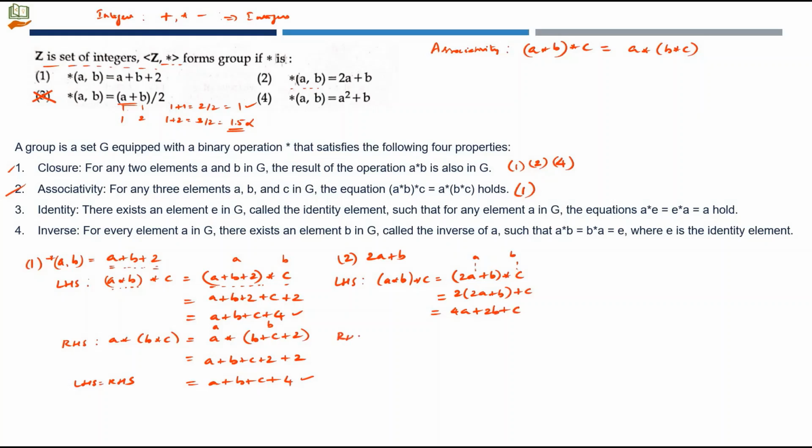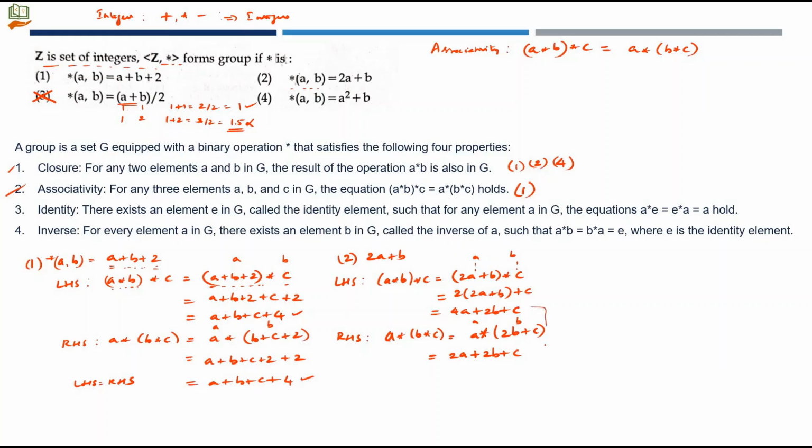Just take the right hand side. It is A into (B into C). This is equal to A into B into C, expressed in the form of the question expression as 2B plus C. This is A and this is B. The complete expression is B, which is equal to 2 into A plus the B expression written as it is. 2A plus 2B plus C. This is the right hand side.